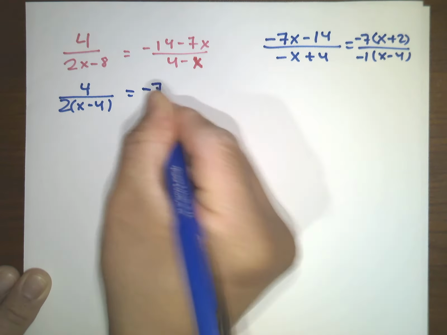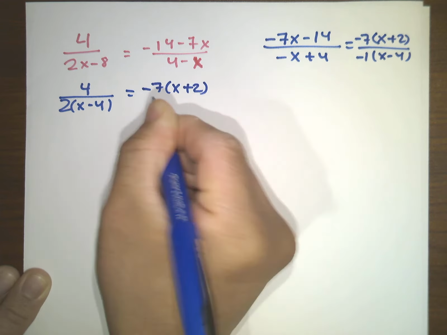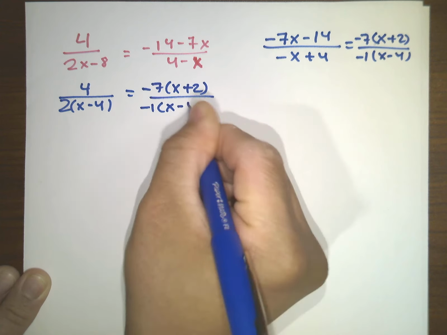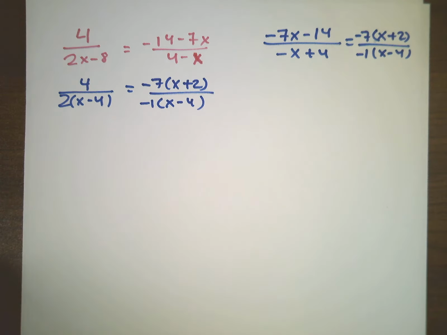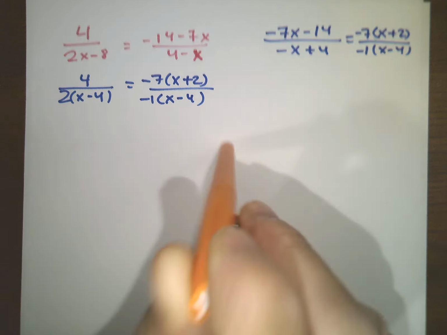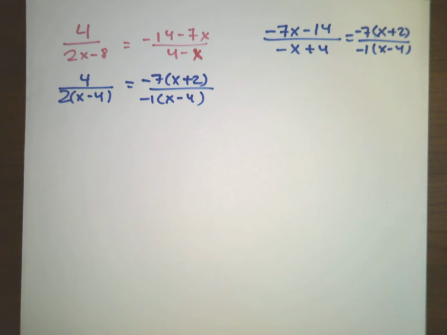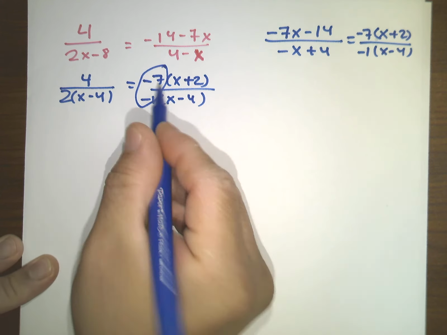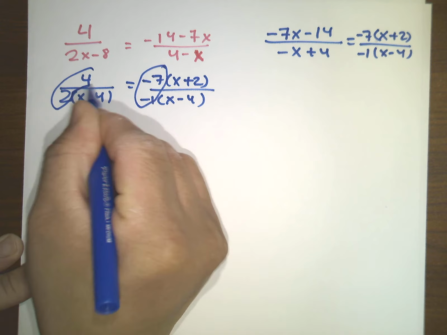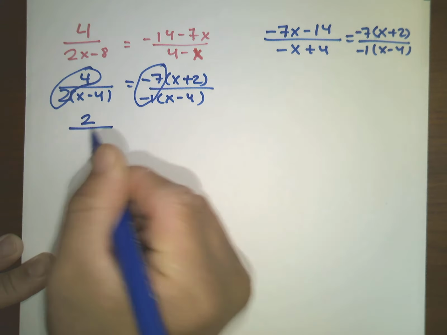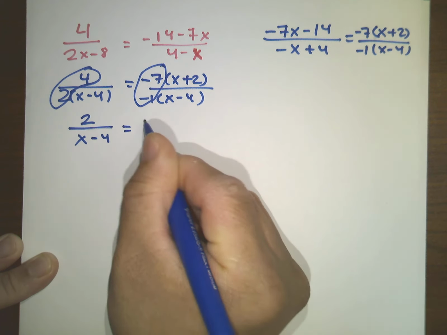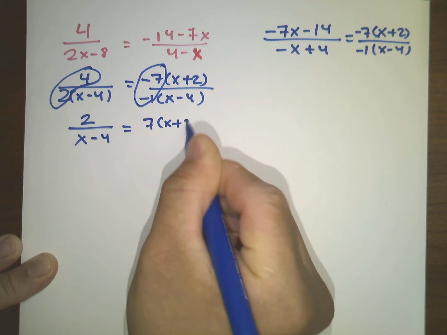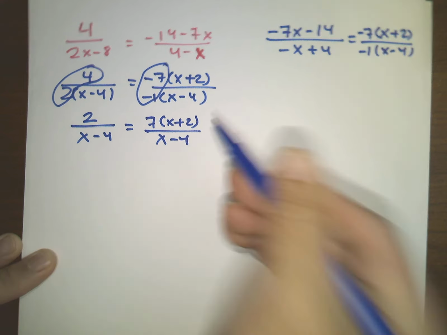So I have negative 7 times x plus 2 over negative 1 times x minus 4. And then I see that I have an x minus 4 in each of the denominators. We have negative 7 over negative 1 is actually just 7, and 4 over 2 is 2, so we have 2 over x minus 4 equals 7 times x plus 2 over x minus 4.